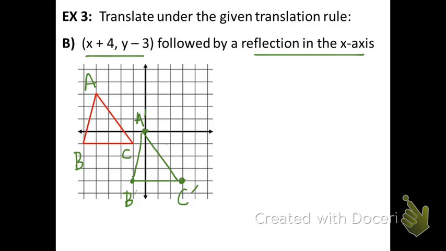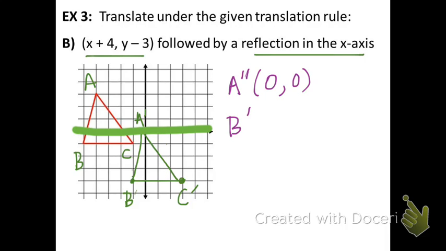But we're not finished. It says following that you need to do a reflection. So we're going to reflect in the x-axis. The good thing is that if A is on the line and we try to reflect it, it doesn't move. So A double prime will be the exact same as A prime at 0, 0. B prime, now again we're looking at this line right here.